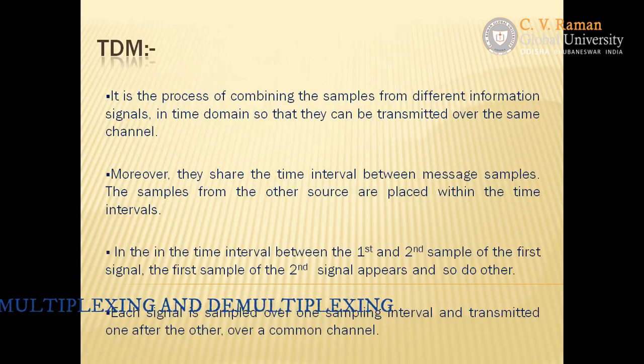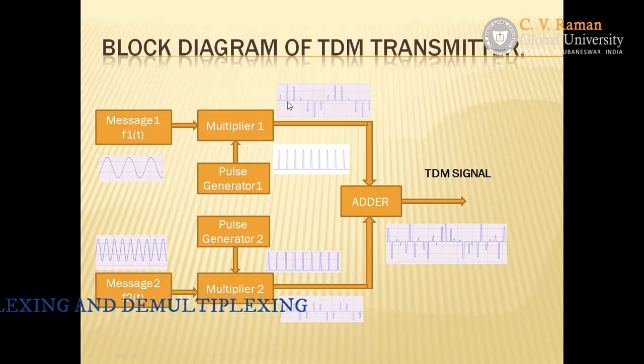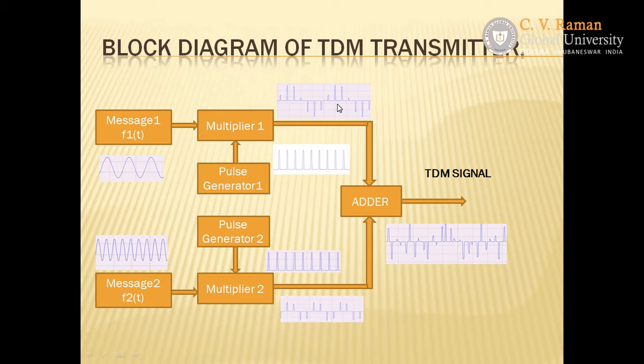So if we move to the block diagram, you can see that we are taking two message signals here. Minimum two message signals are required to perform the TDM experiment. So we are taking two message signals and we have to multiply the message signal with a train of pulses so that we will be getting the samples. So if you see, message signal 1 is multiplied with train of pulse 1 and you are getting sample 1.